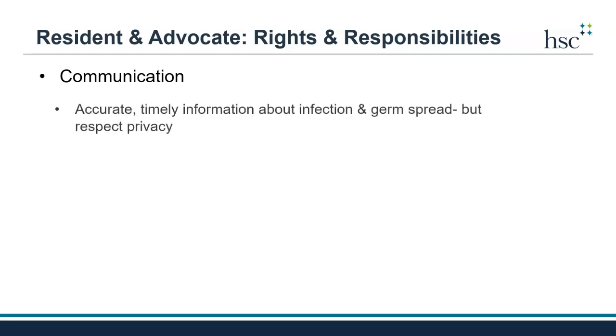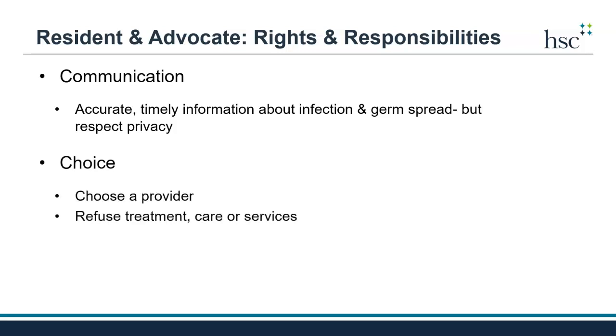But nursing homes must provide only the necessary information needed to respect a resident's privacy, providing the minimum information to protect residents from germs. Residents also have the right to choose any provider they would like. Residents need to have a provider they can trust and feel comfortable with so they can openly discuss the options for treatment, care, or services, including refusal of those services.